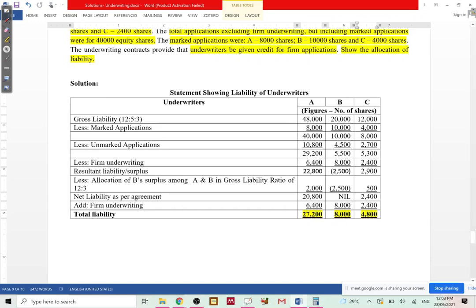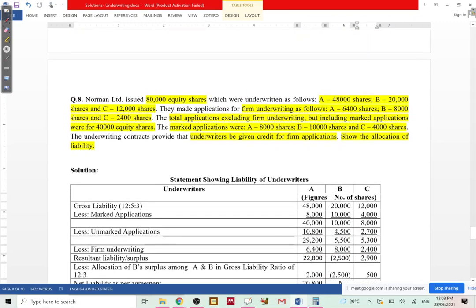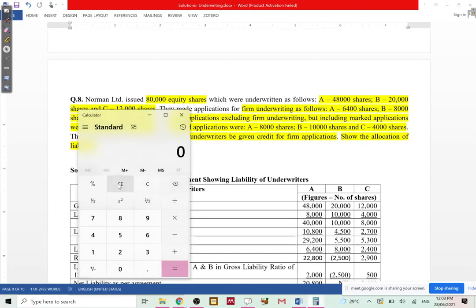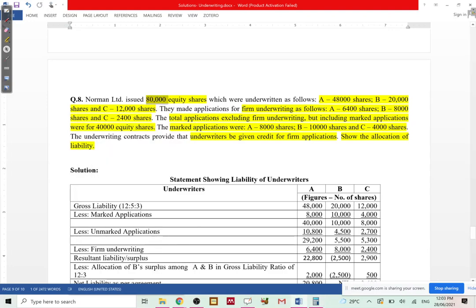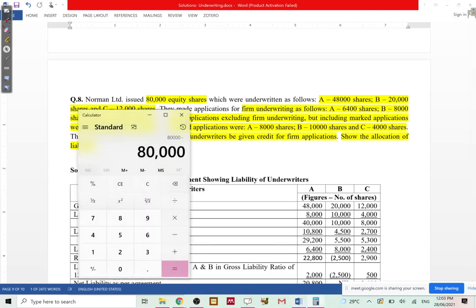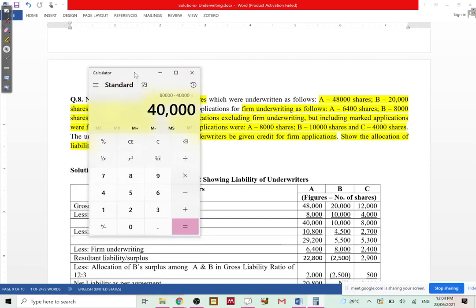One best way of checking, like I have told you, is to get the difference between shares issued and share applications received. Shares issued were 80, right? Company issued 80,000 shares. From this you minus how many applications were received. Applications received were for 40,000. That means 40,000 balance were not subscribed.